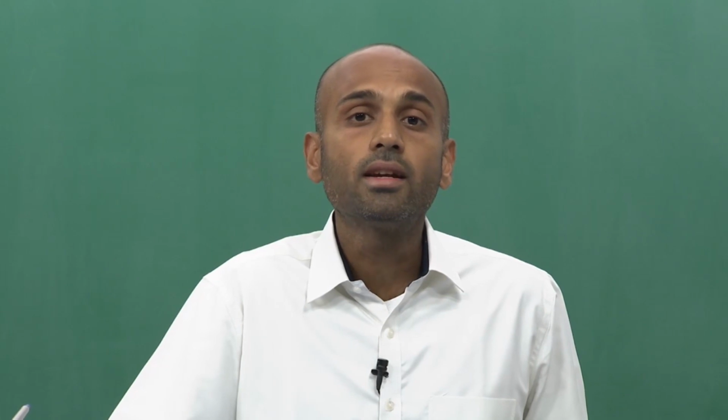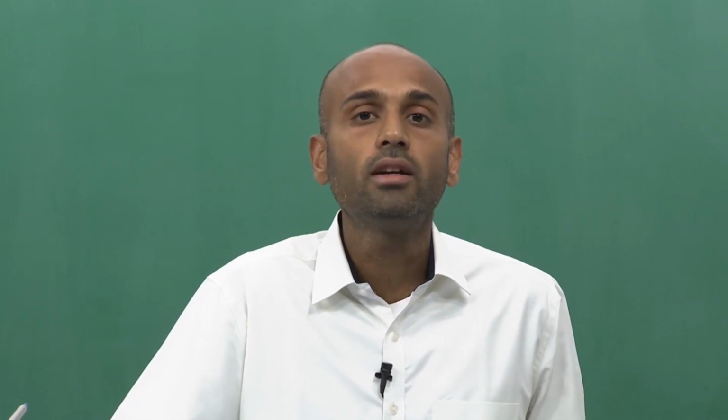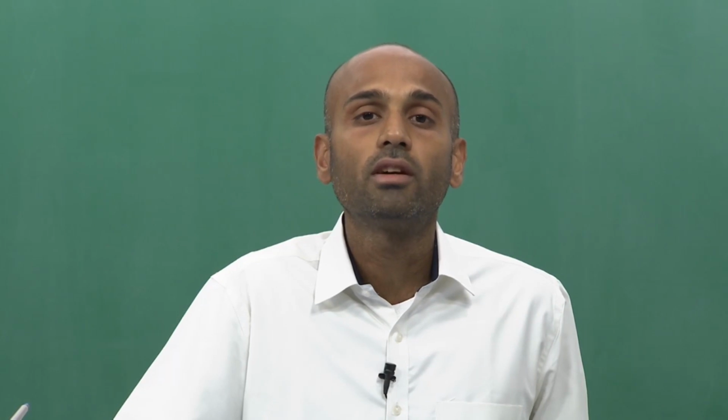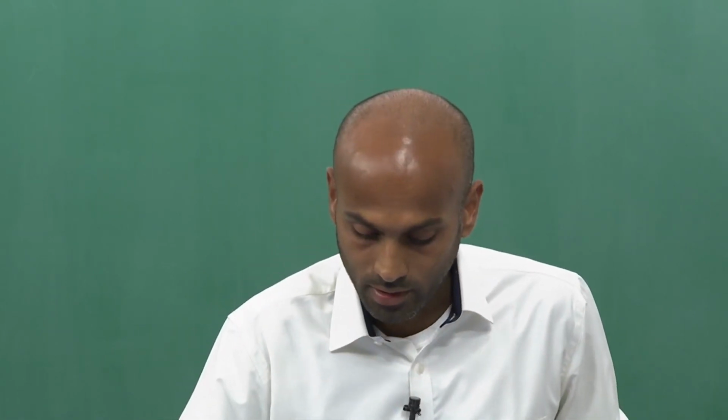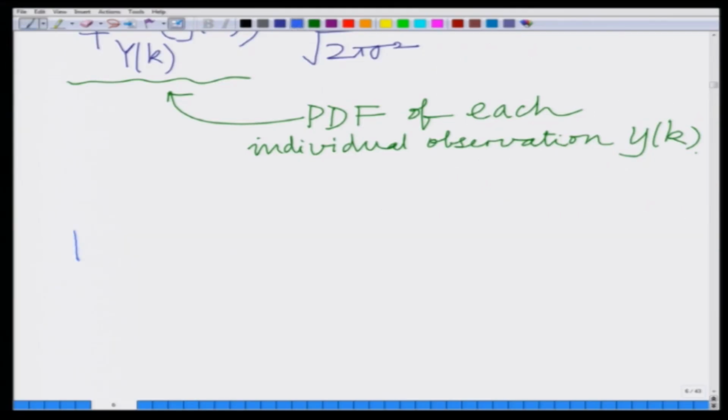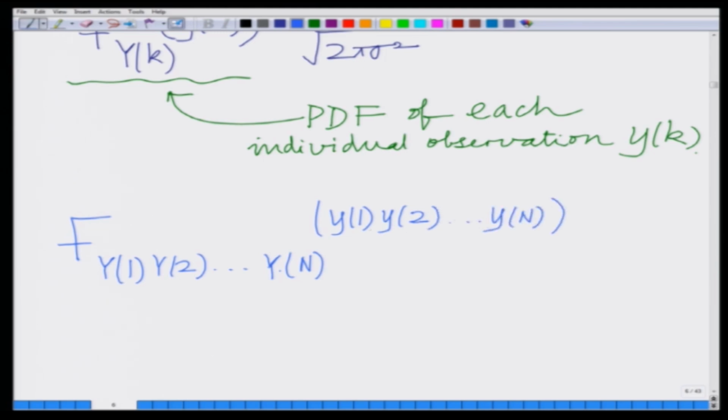Now, what we are interested in is the joint density of the observations y1, y2 up to yn. We want to come up with the joint PDF, or joint probability density function, of the observations y1, y2 up to yn, which is represented by f subscript y1, y2, yn of y1, y2 up to yn.